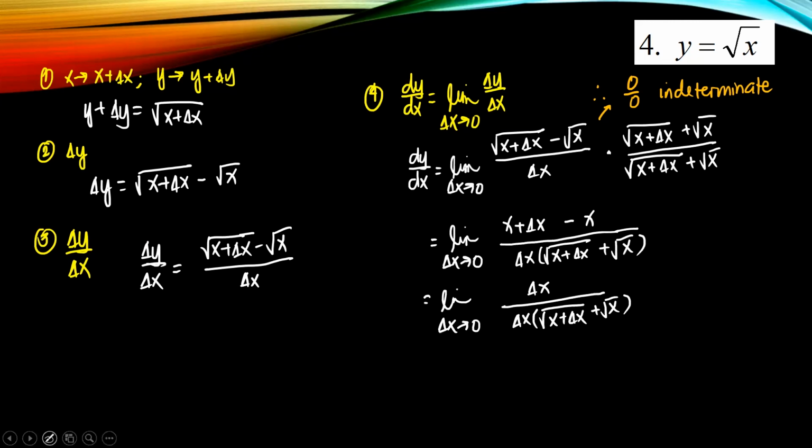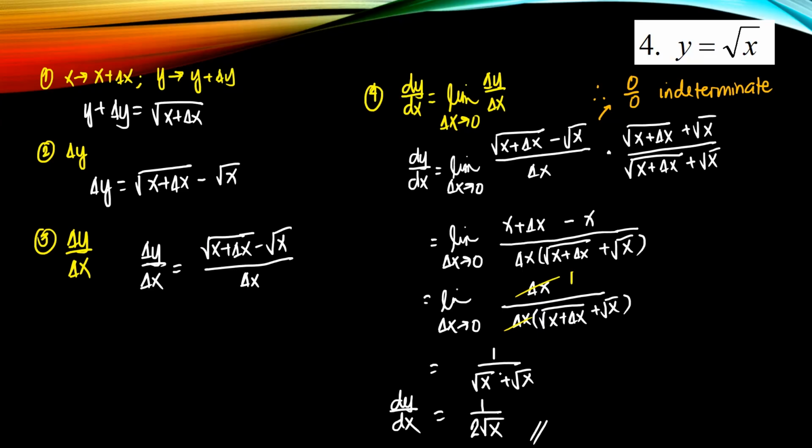Okay, this one, I'm able to cancel out something. Magiging 1 na lang yun. And then now, I can apply the limits. If I apply the limit, that becomes 1 over square root of x plus square root of x. The answer is 1 over 2 square root of x is your derivative of y with respect to x.